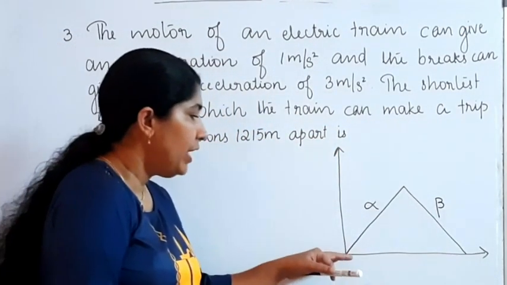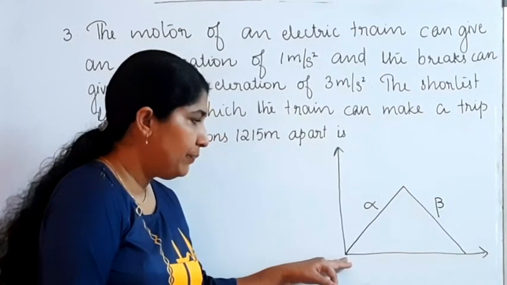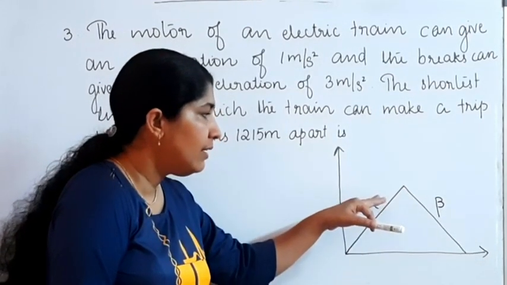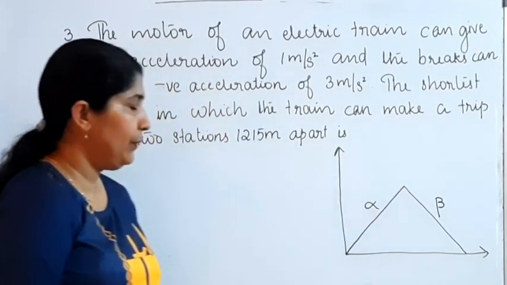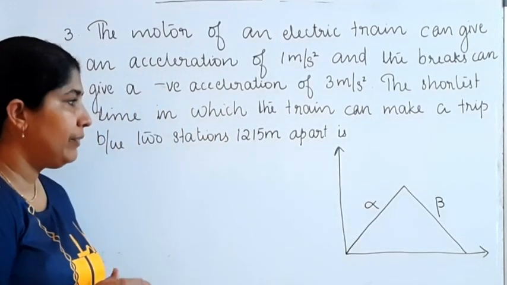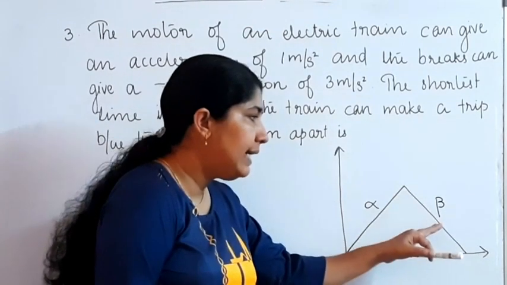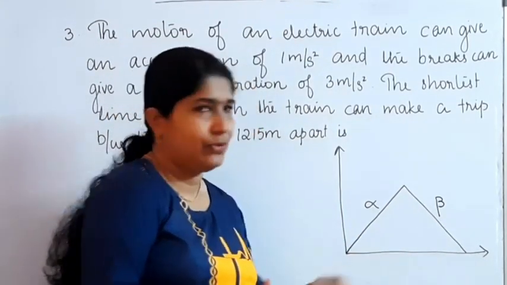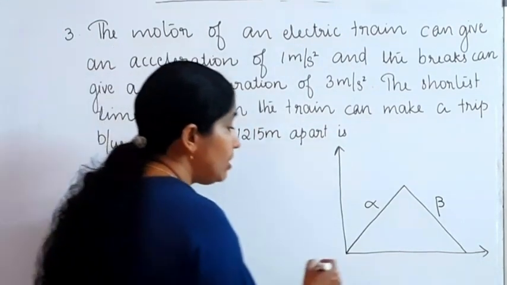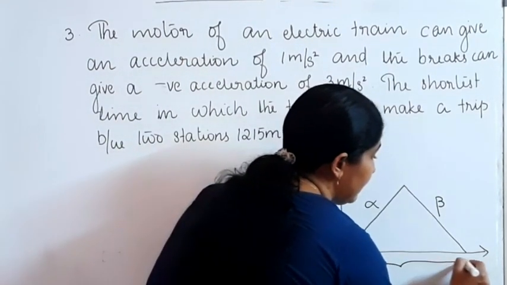When the body which starts from rest accelerates at a constant rate alpha for a given time interval and then decelerates at a constant rate beta and comes to rest, the total time taken for this movement is t.